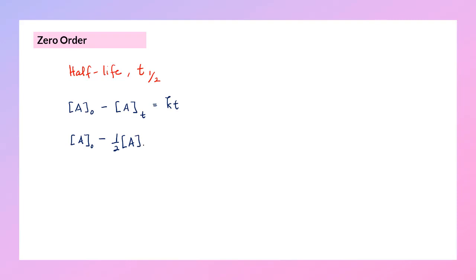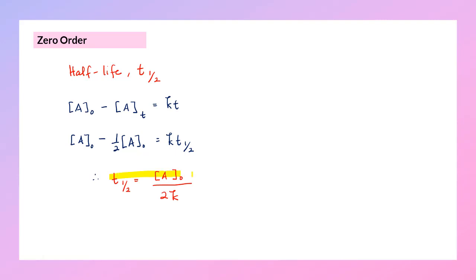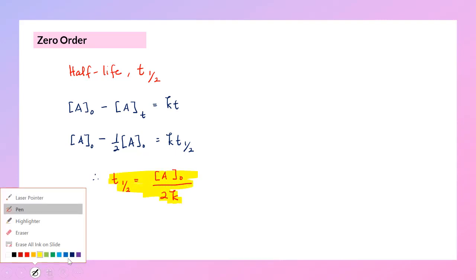So it equals k times half-life plus... Thus, the half-life for zero order is the initial concentration of A over 2k. So this is for zero order.